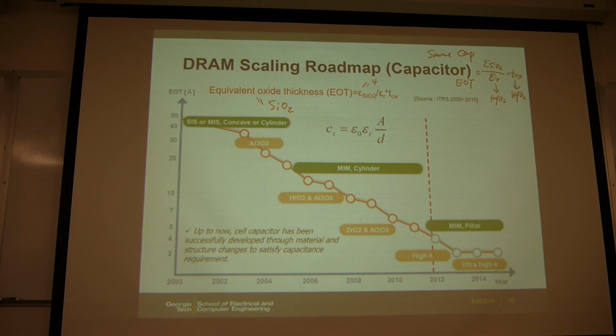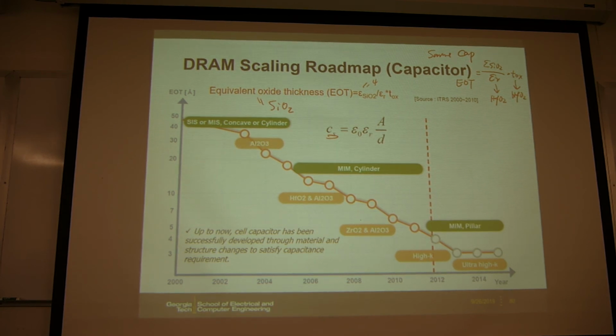Because if you assume the same capacitance, then if you have a higher K value, that means you can have larger thickness, right? Because here you can have larger thickness, larger epsilon, but then those two cancel each other, so you still have the same capacitance as the silicon dioxide. So in other words, the equivalent oxide thickness can be scaled down.